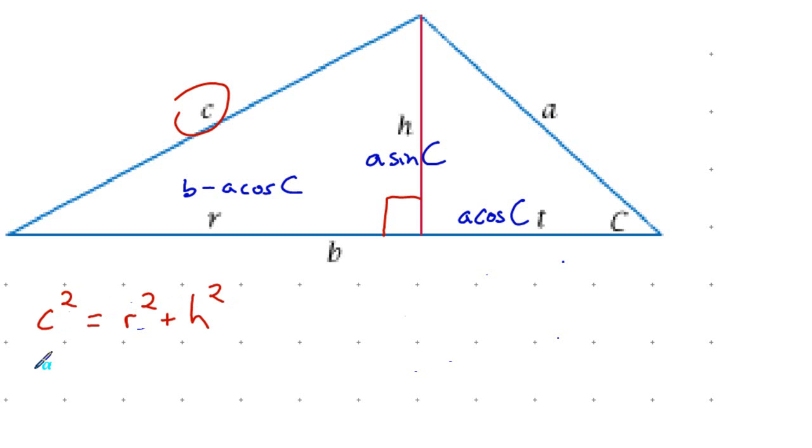Using the rewritten values, c squared is going to be equivalent to my b minus a cosine of c quantity squared plus my h value, which is a sine of big C quantity squared.